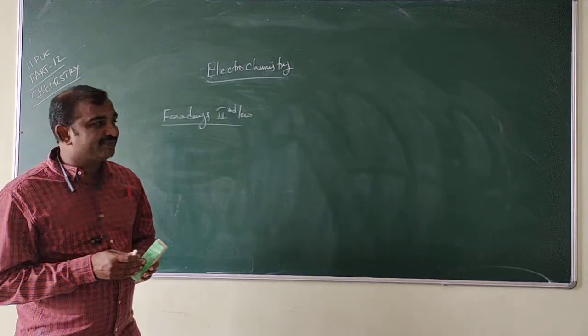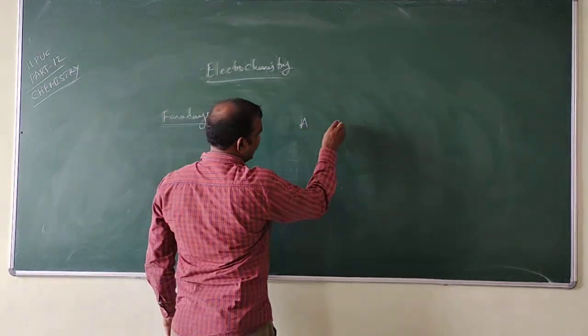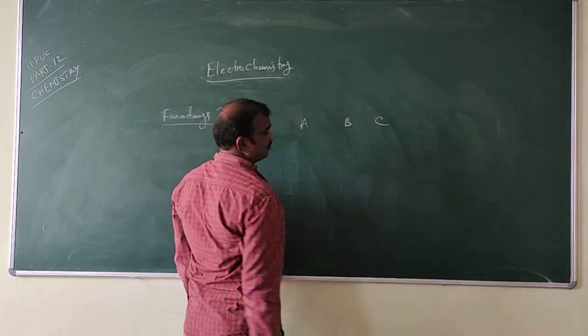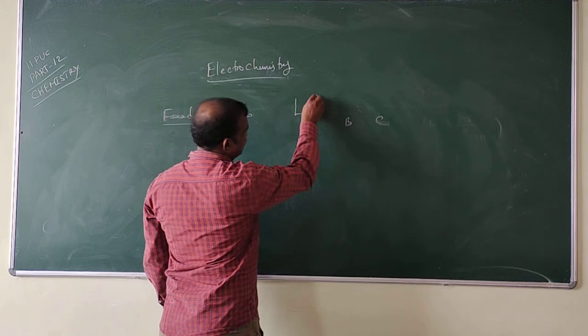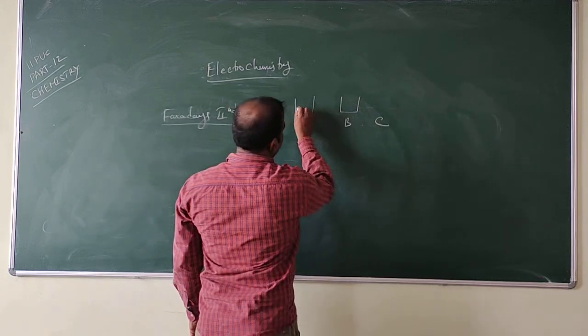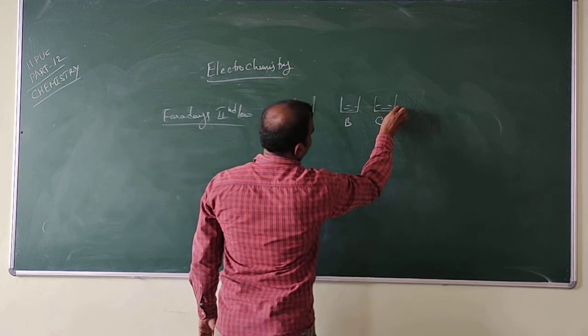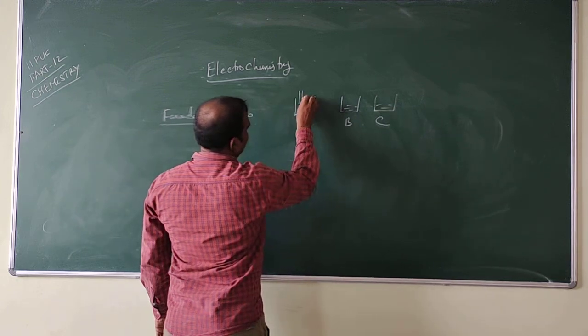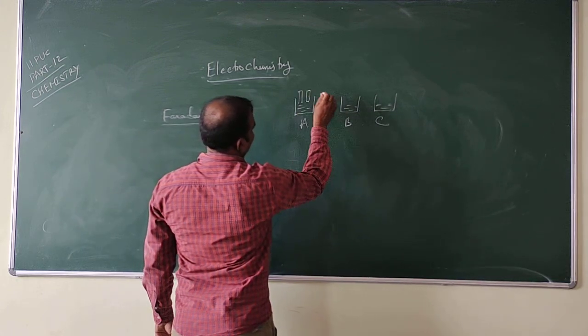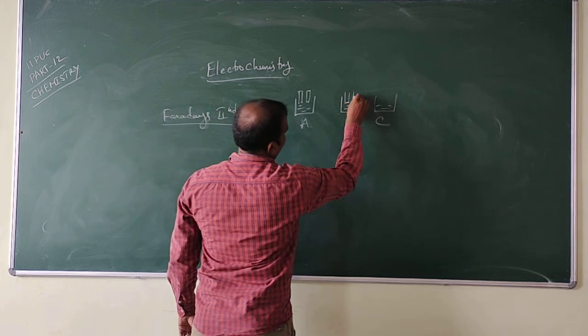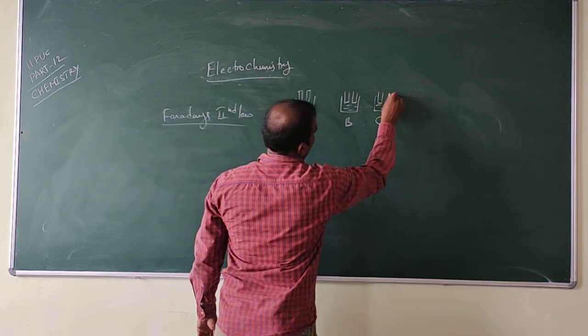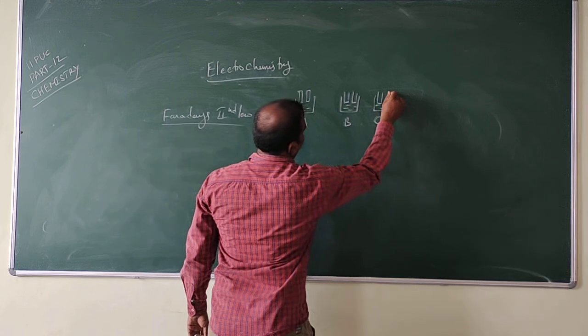If we take A, B and C, we are taking beakers with a solution like this, with electrodes like this.